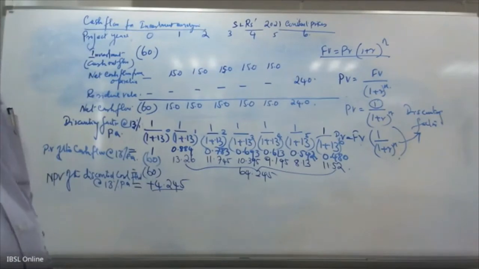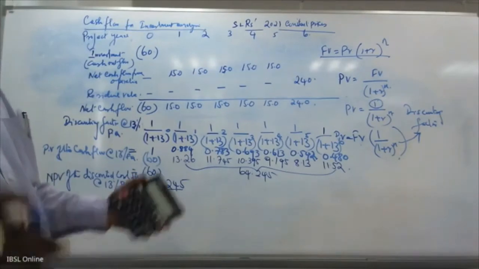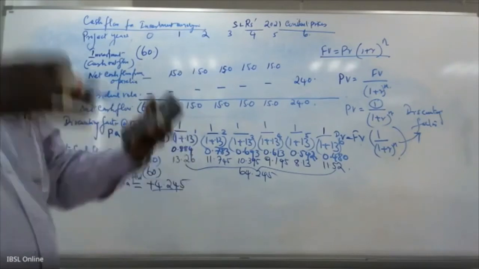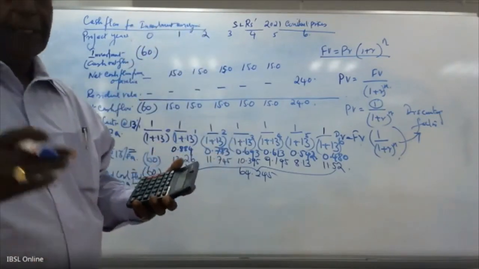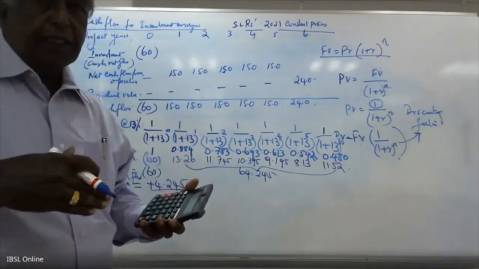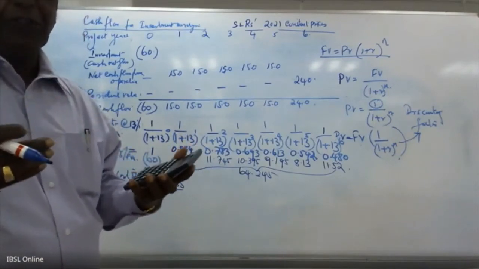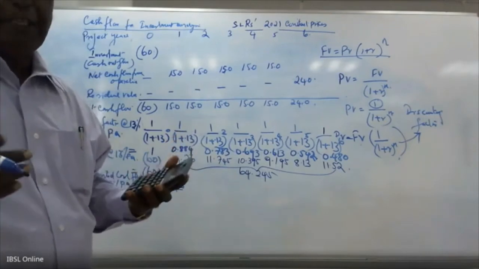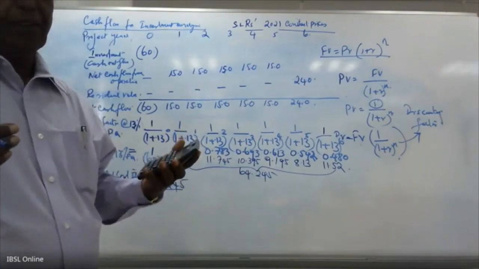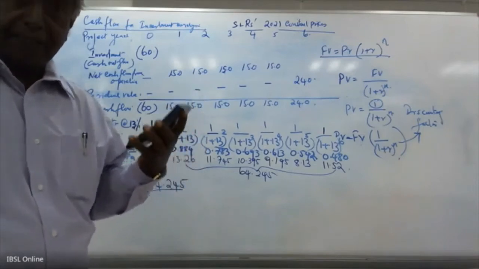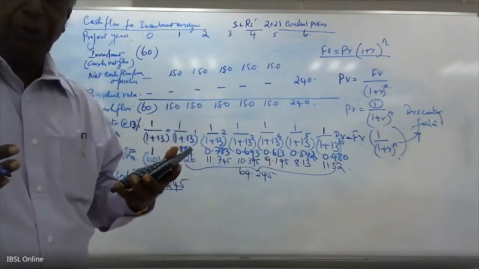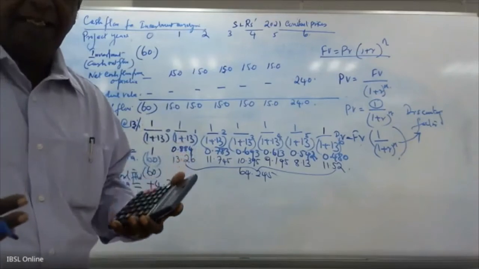How is it positive? The present value of the inflow is more than the present value of the outflow. Because of that, NPV is positive. So the income is more than the investment in present values. So it is beneficial.